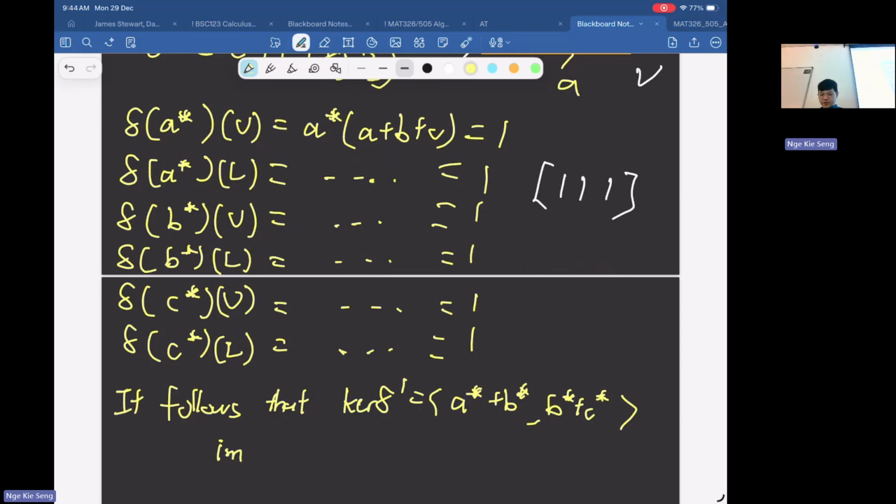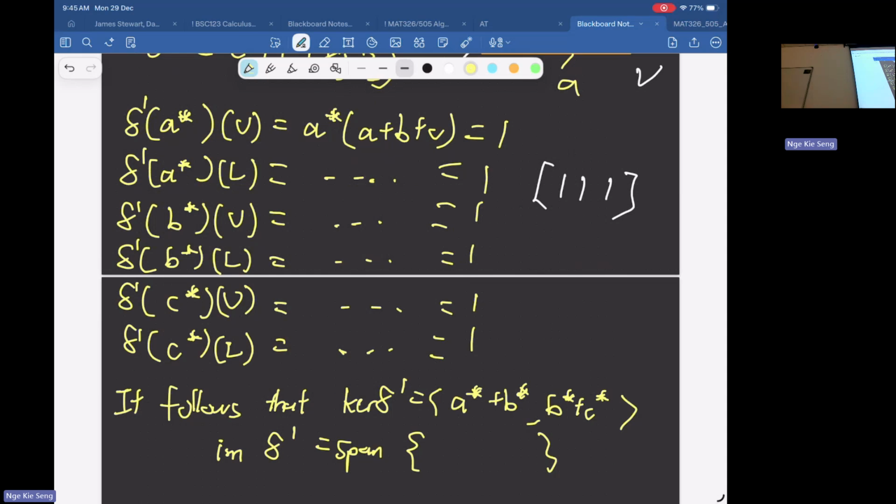And then can you see what's the image of del 1 here? Maybe these are del 1. What's the image? Where's the Z? There's no Z in this part. These are the maps that operate on U and L and you get 1.